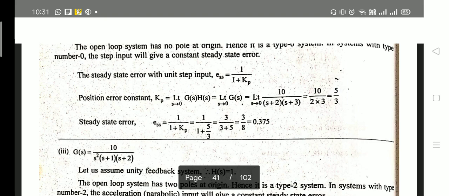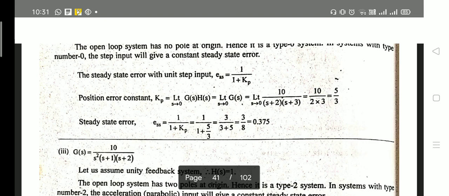Then going to the third problem, s²(s+1). So s square means type 2 system. For a type 2 system, what error can we find? Acceleration error constant, that is Ka.